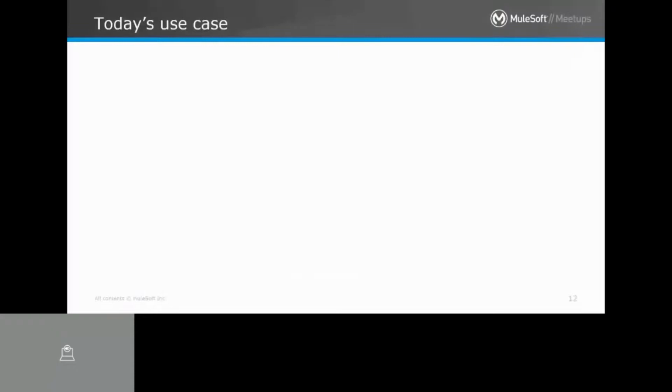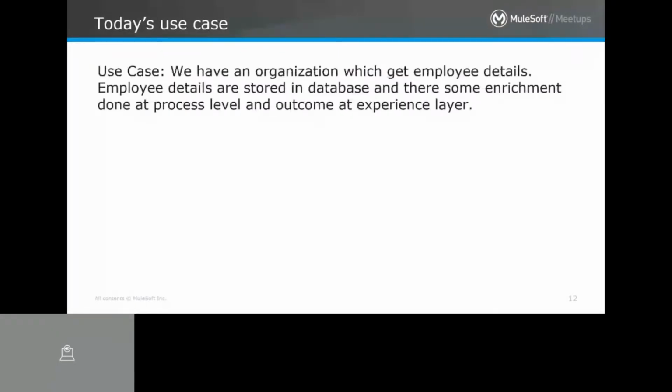So let's go into today's use case. I try to keep it very simple, not to complicate you with many databases or Salesforce and different connectors. The use case is an organization which gets employee data.